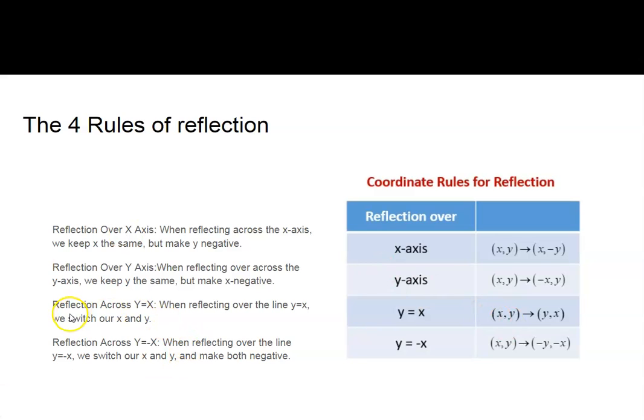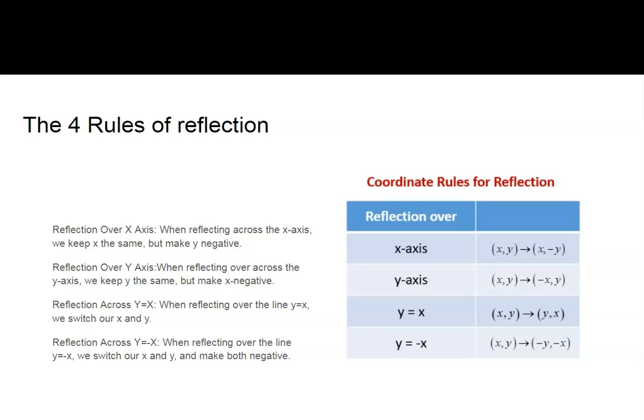And then reflection across y equals x. When reflecting over the line y equals x, we switch our x and y. And we'll show in a minute why that makes sense. I would model this with a piece of paper once again, because you're reflecting across that diagonal line, it's actually swapping values with the x and y coordinates.